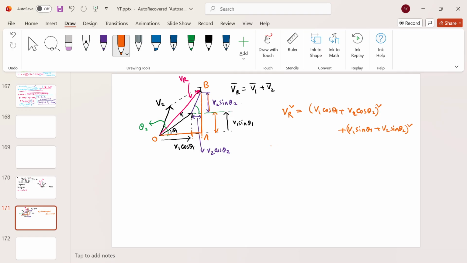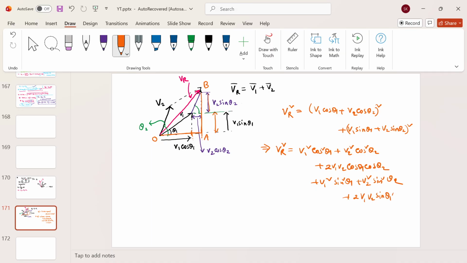So if you find out the overall value, you will get V1 square cos square theta 1 plus V2 square cos square theta 2 plus 2V1 V2 cos theta 1 cos theta 2, plus V1 square sin square theta 1 plus V2 square sin square theta 2 plus 2V1 V2 sin theta 1 sin theta 2.